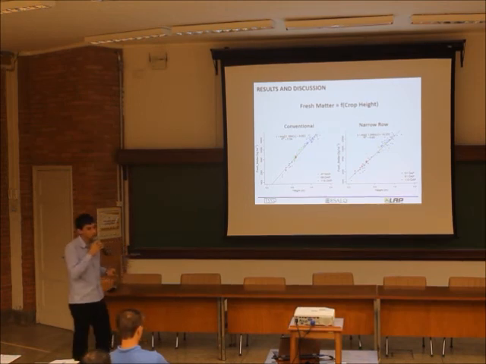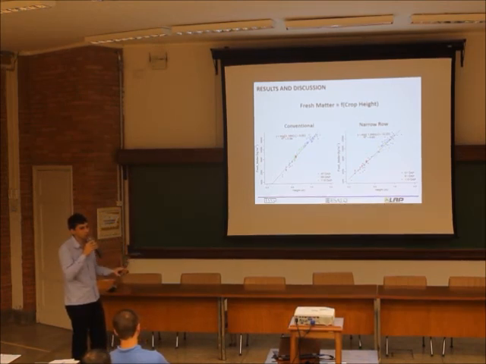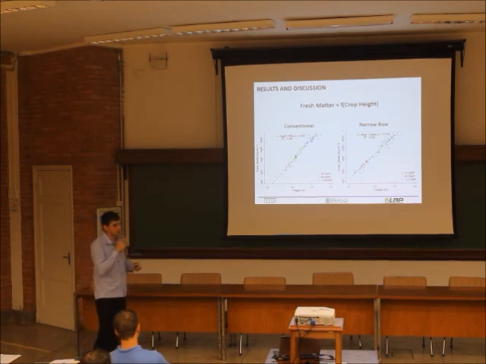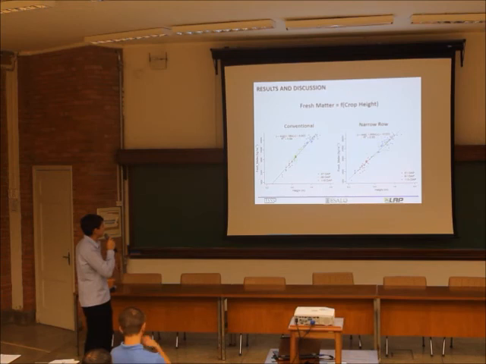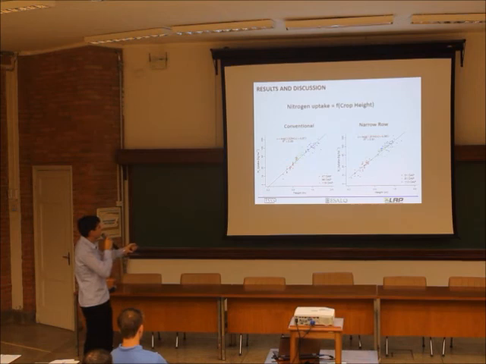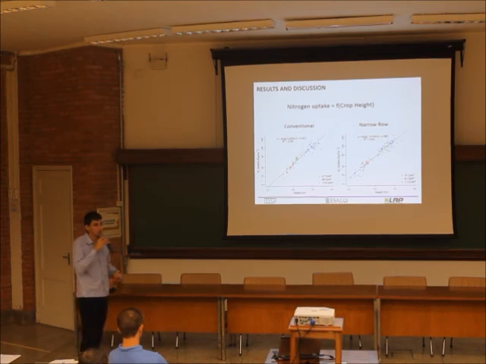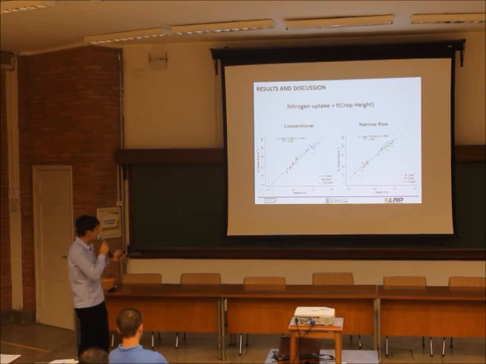So we always have to consider which system it is and make different recommendations for each one of them. And the same holds true for nitrogen uptake. Here we have an R squared of about 0.90, 0.91. It's a really good correlation between crop height and nitrogen uptake in both systems.